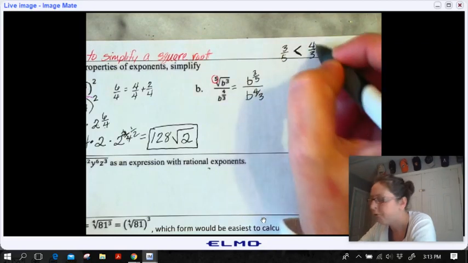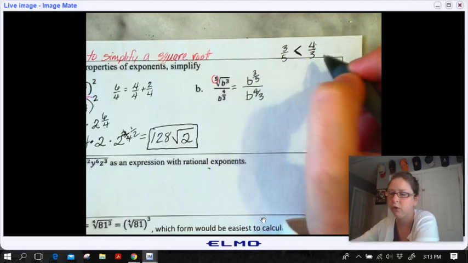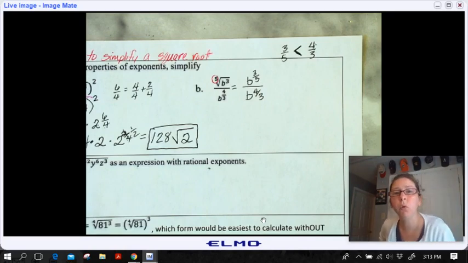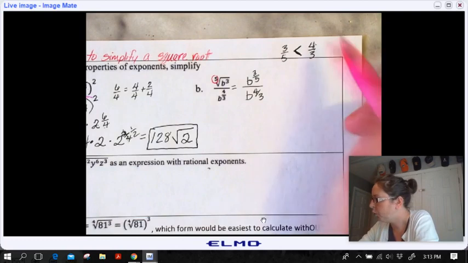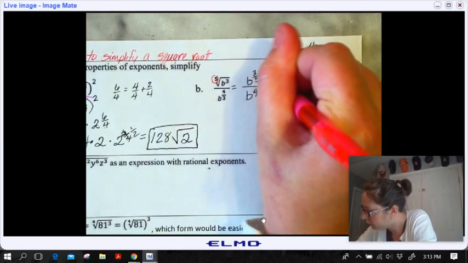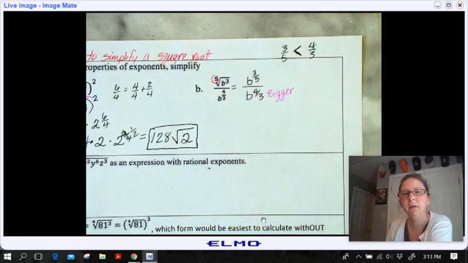So the 4/3 is the larger fraction. Here's what I do personally to try to avoid negative exponents, okay? Because that way it just kind of saves you an extra step also. So whatever the bigger exponent is, in this case it's on the bottom.